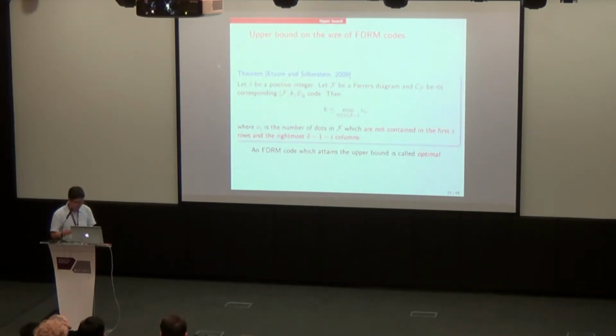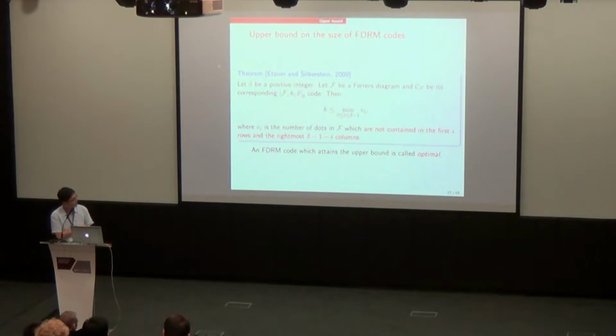Okay, we're going to the central part of our topic, the constructions. First, we need to review the upper bound on the size of FDRM codes. Let δ be a positive integer, let F be a Ferrers diagram, and let C_F be its corresponding code.